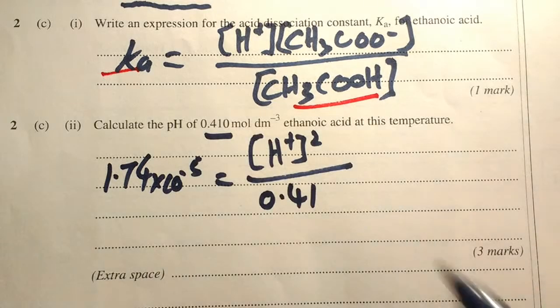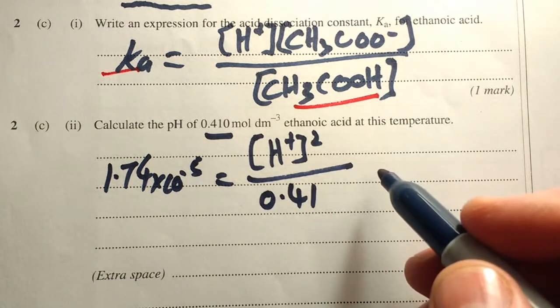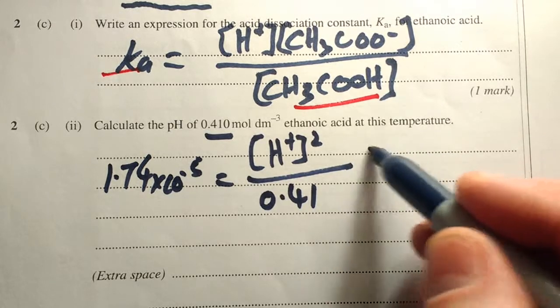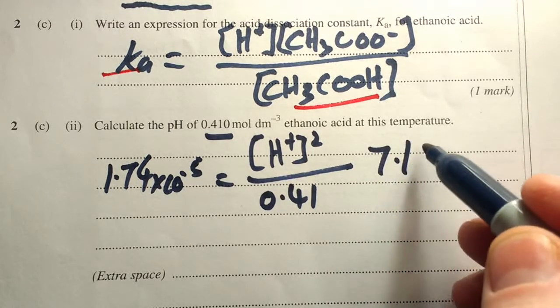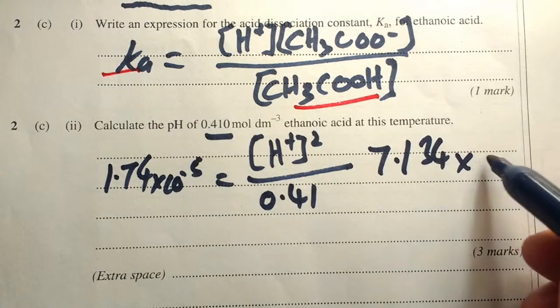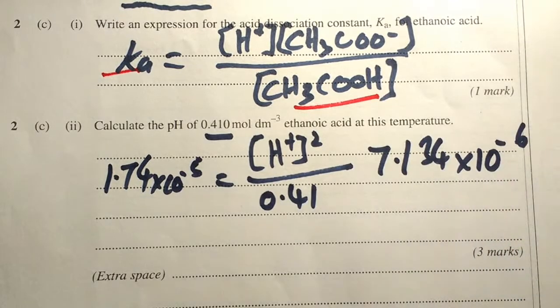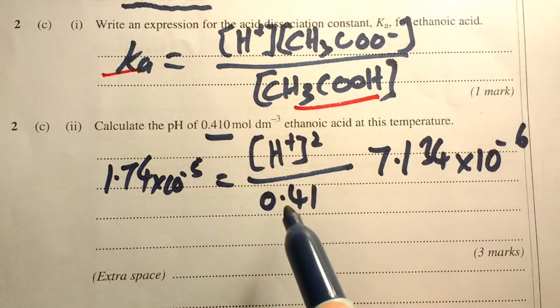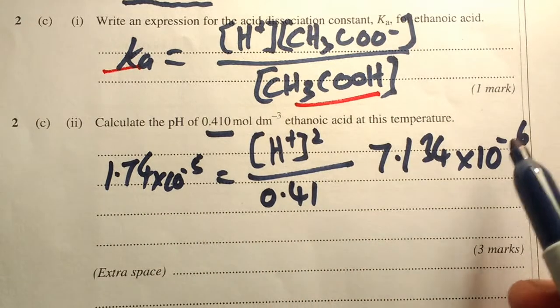So by the time you do that, you should come out with 7.134 times 10 to the minus 6, because we're just doing 1.74 times 10 to the minus 5 times 0.41. So that's what we should come out with.